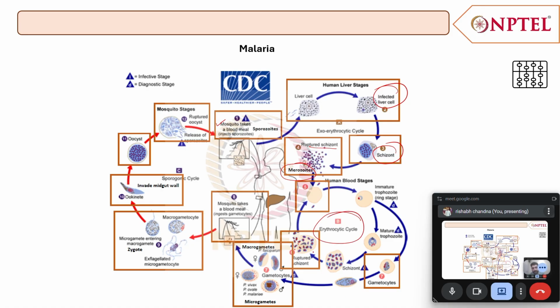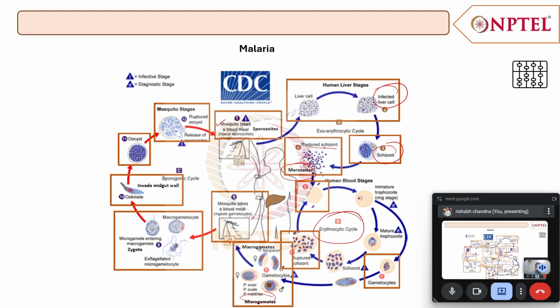Now these gametocytes turn into the male and female gametocytes, and these are the microgametes here. These are taken up by the mosquito during the blood meal, which takes the gametocytes into the mosquito. Now the gametocytes move on to become sporozoites inside the mosquito.